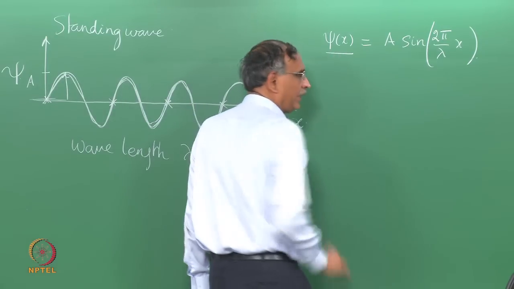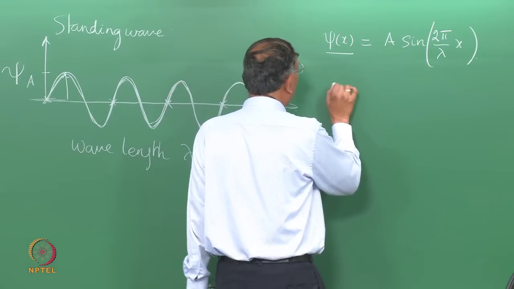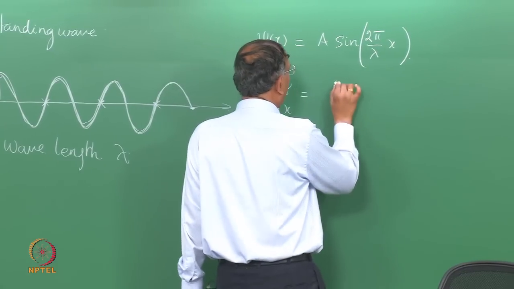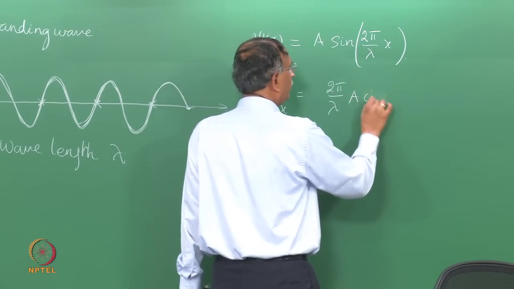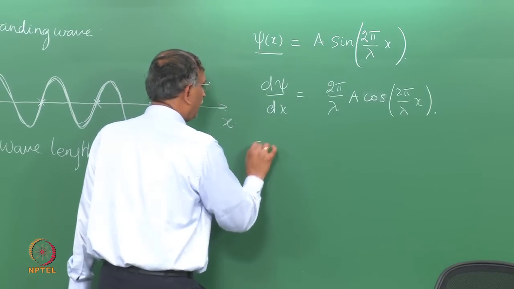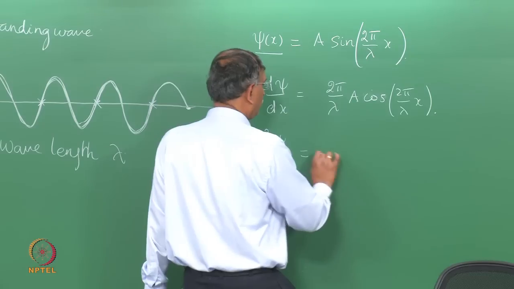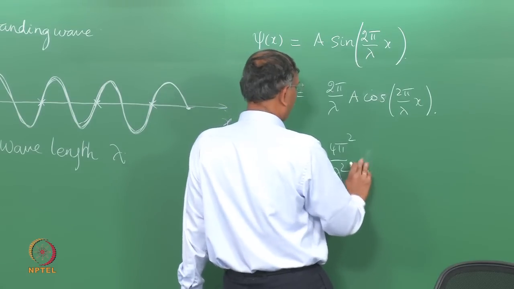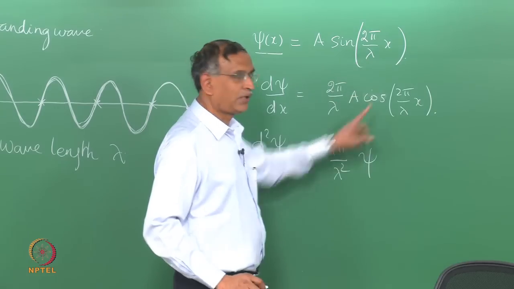Now, this quantity psi, when you differentiate twice, it satisfies the differential equation. Let us do that for the first derivative, d psi by dx as 2 pi by lambda times A cos 2 pi by lambda x, and the second derivative d square psi by dx square is equal to minus 4 pi square by lambda square psi of x, because this will become sine 2 pi by lambda of x, and that is the same thing as psi of x.